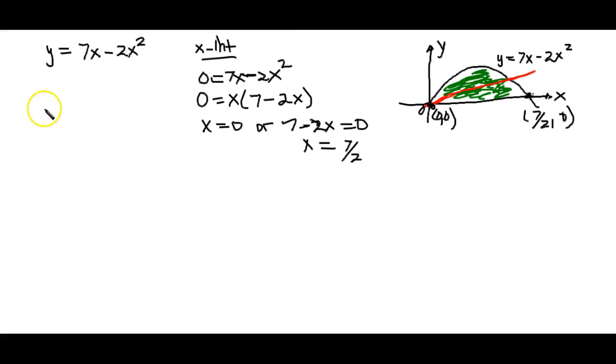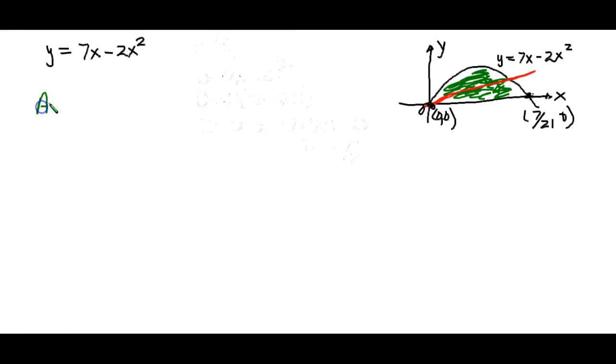Now I know what my limits of integration are. So the area is equal to the definite integral as x goes from 0 to 7/2 of 7x minus 2x squared dx. We're going to evaluate this definite integral.